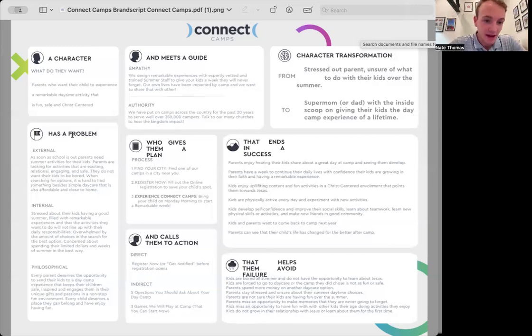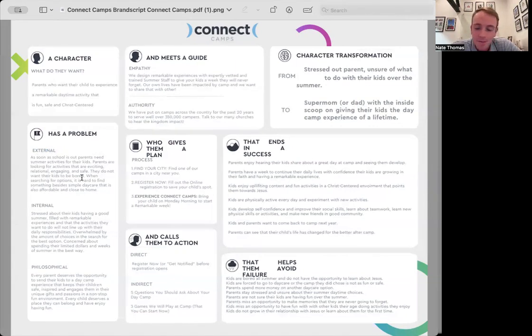Okay, so once you have a character, your character is always going to have a problem. In order to sell anything, you need to be addressing a need, because your customers are asking, what are you offering and how does it benefit them? If it's going to benefit them, then it's obviously filling some sort of felt or, hopefully not, unfelt need. Felt needs are much easier to address. These external problems that we're talking about in has a problem are those felt needs.